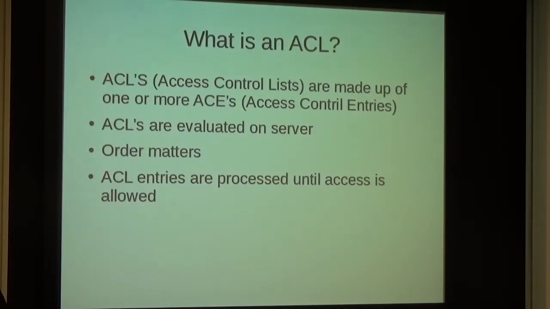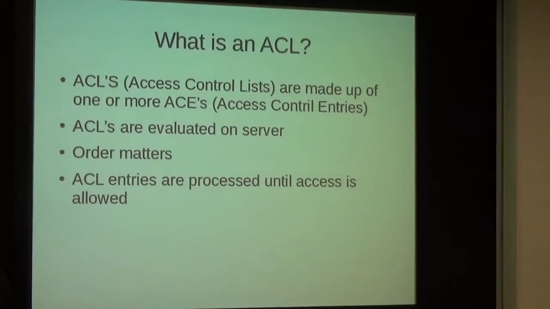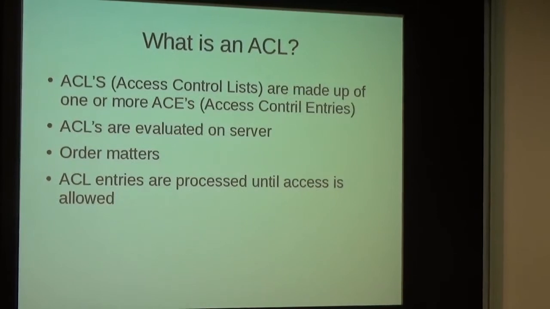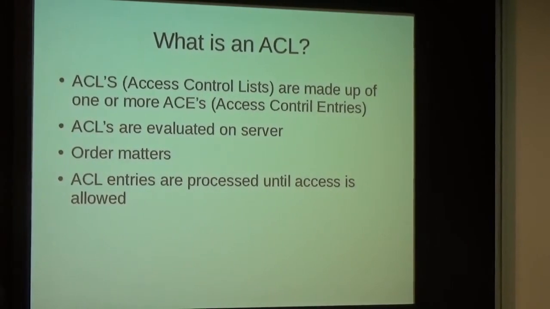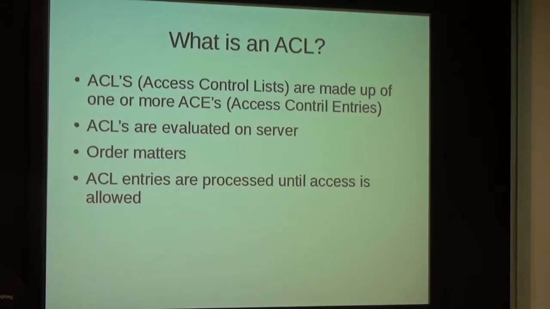So, does anybody here not know what an ACL is? ACLs are one or more access control entries, and they are evaluated in order. The first entry that you come across that says you don't have access is where it ends, otherwise it's evaluated further until you are allowed.